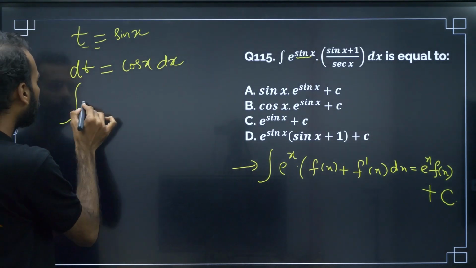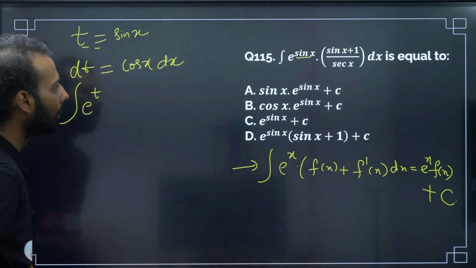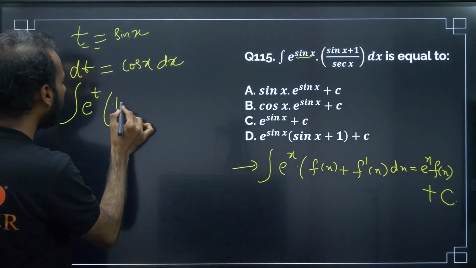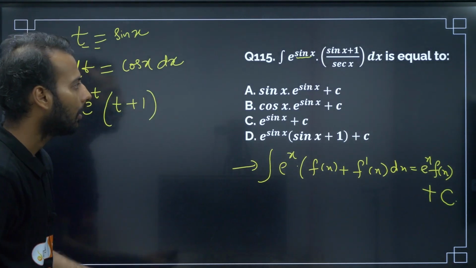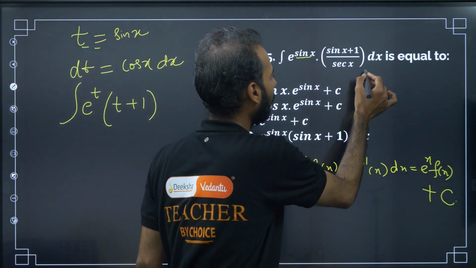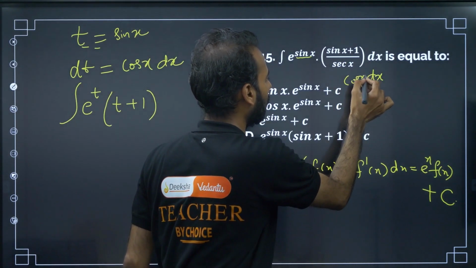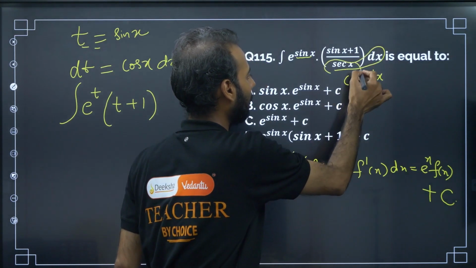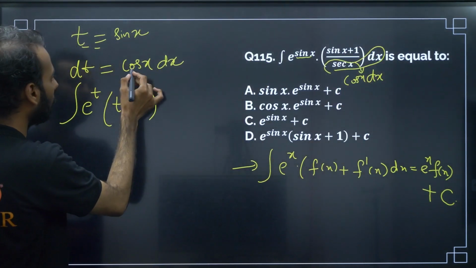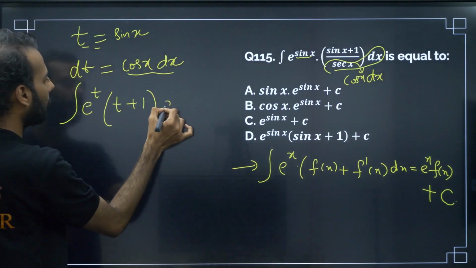So this becomes e raised to t, sin x is t, plus 1 as it is. See here, dx by secant x is the same thing as cos x dx, and this cos x dx is the same thing as dt.